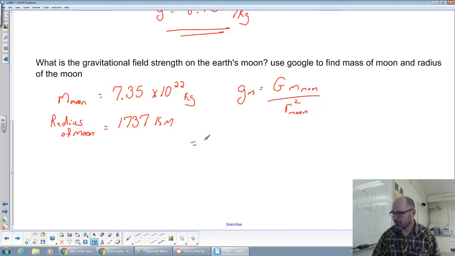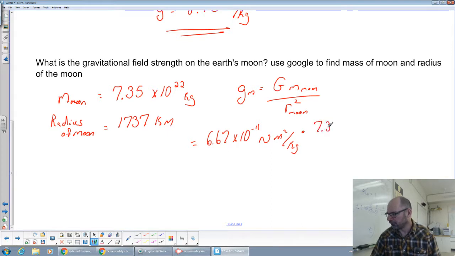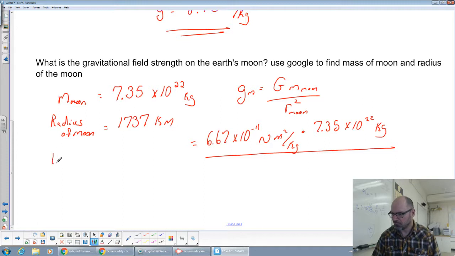Okay, and our numbers are 6.67 times 10 to the negative 11 newton meters squared per kilogram times the mass of the moon, 7.35 times 10 to the 22 kilograms, divided by, now we have to change this into 1.737 times 10 to the 6 meters, because it has to be in meters.